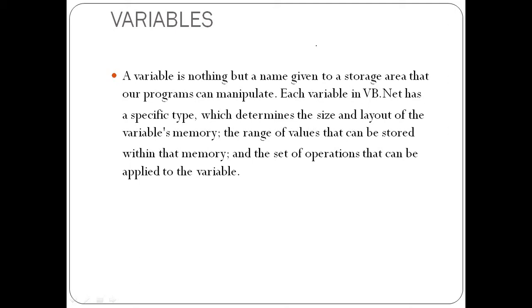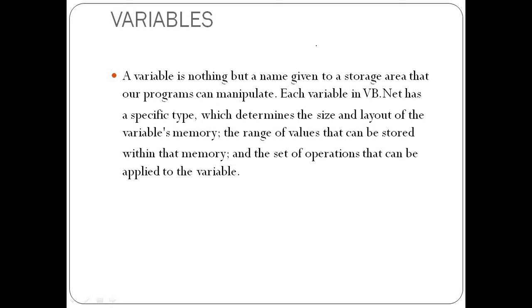Likewise, in VB.NET, in order to use any number or any kind of information, we have to store that information separately in a memory container or storage space. That storage space or memory container is called a variable in programming terms.